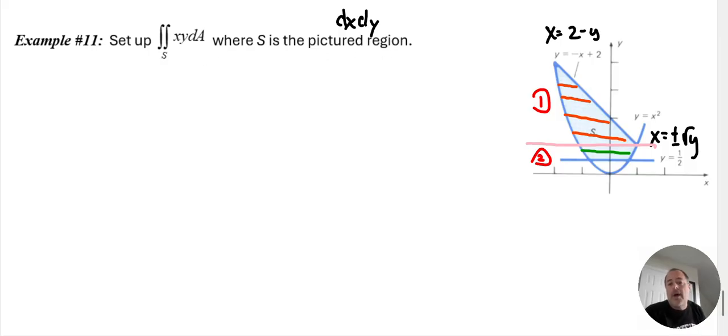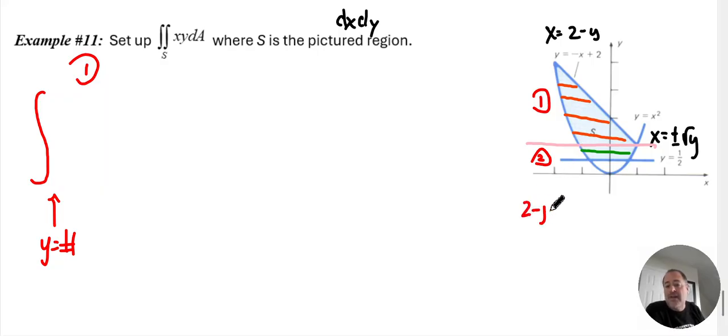So what I'm going to do now is write down our region 1, and we're going to start out with this. So remember, these are going to be where y is equal to our numbers. So it's going to be our lower bound and our upper bound, all right? So with that, you can see that this is going to be y equals 1. Another way you could solve this, if you needed to, is just set the two functions equal to each other and solve.